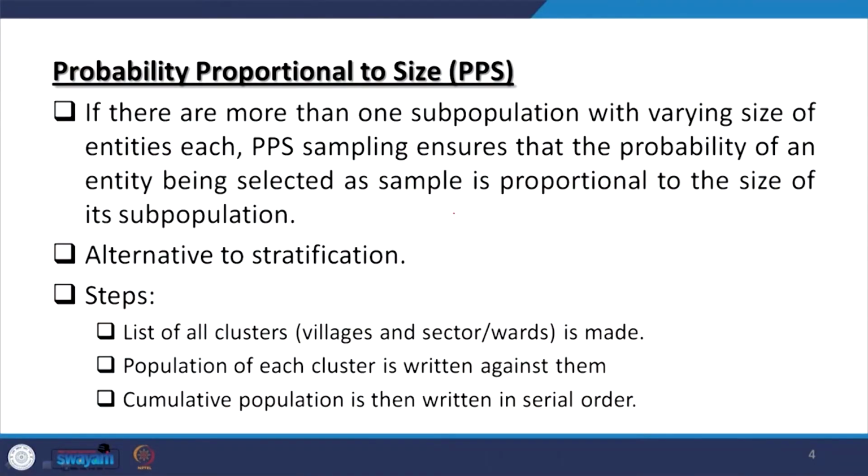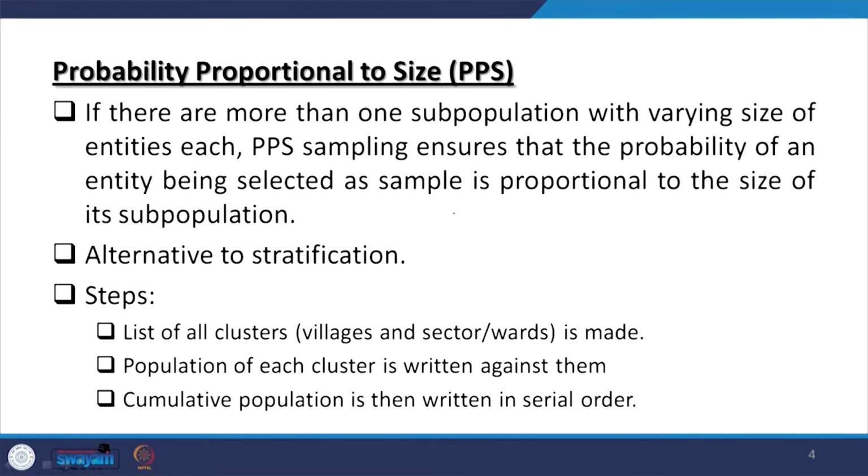If there is more than one subpopulation with varying size of entities in each, PPS sampling ensures that the probability of an entity being selected as a sample is proportional to the size of its subpopulation.